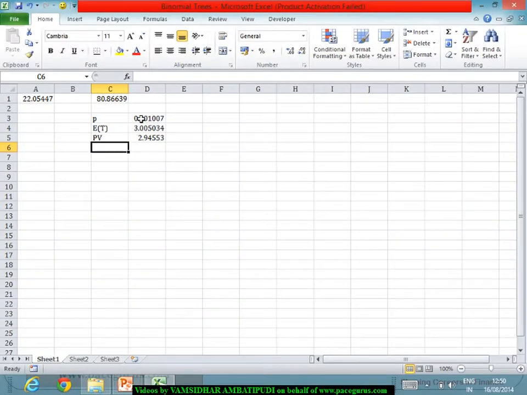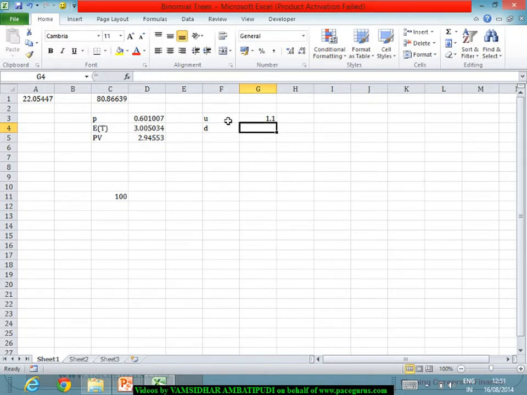The same logic, if I put it in a spreadsheet form, let's say the current price is 100 bucks. Now here I require a few pieces of information: U, which is the upward movement. Let's say I'll take it as a 10% growth, so 1.1.